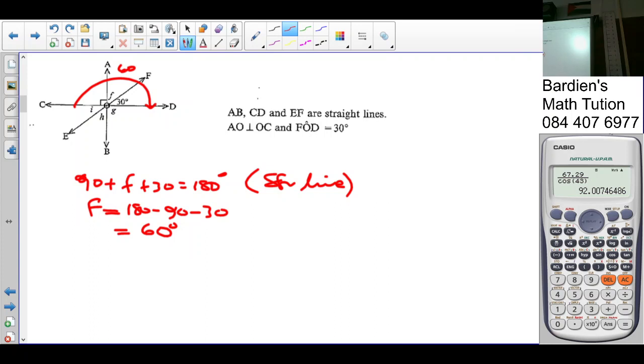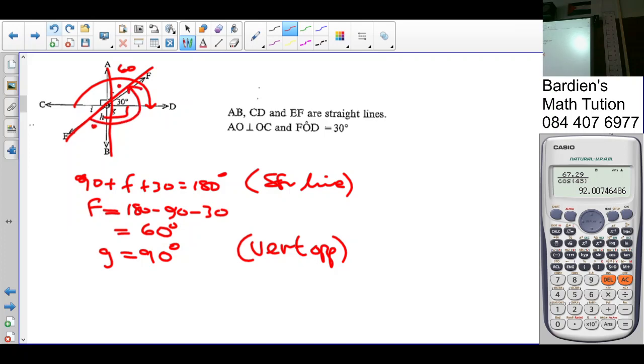How do you calculate G? Vertically opposite. That is 90 and 90, not so? So G is going to be 90. Either straight line or vertically opposite. I'm going with vertically opposite. H? Vertically opposite, or I could have gone angles on a straight line there as well. Not so?